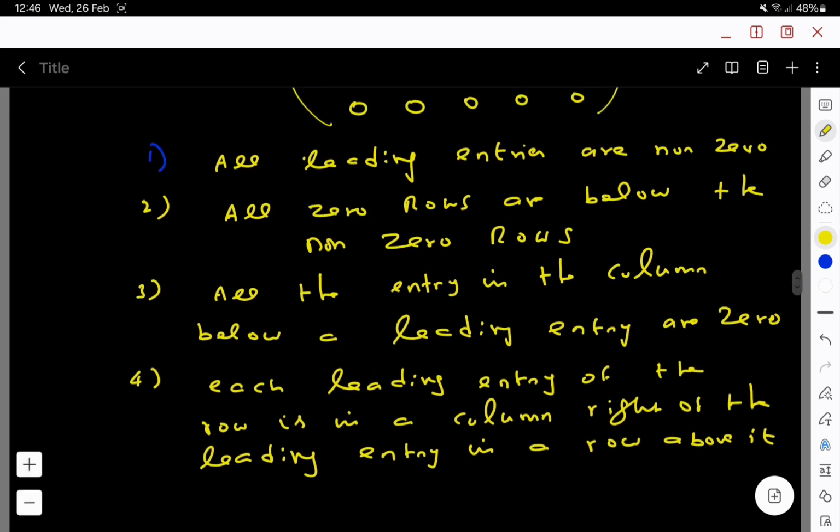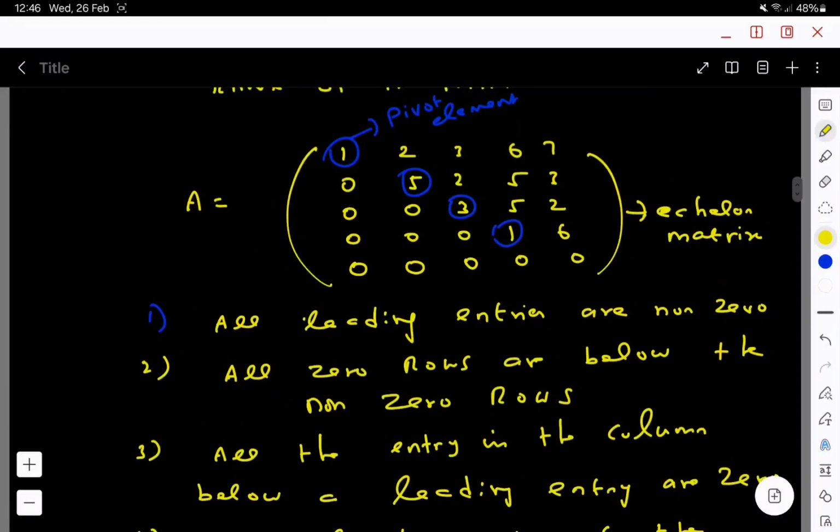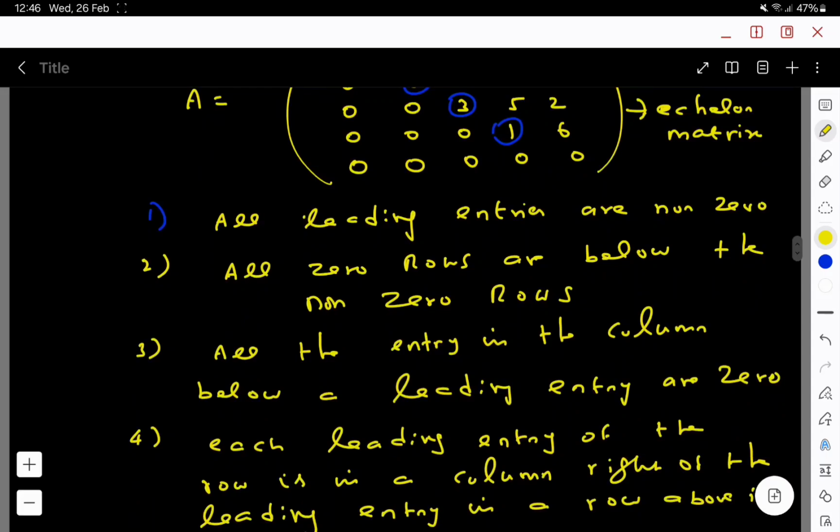That is, take the second row, 5 is in the second column. That 5 is to the right of the 1 of the first row. Similarly, in the third row, 3 is in the third column, which is to the right of 5. In the fourth row, 1 is in the fourth column, which is to the right of 3. So when these four conditions are satisfied, only then is the matrix called an echelon matrix.